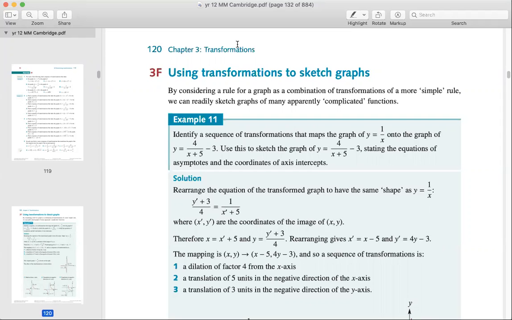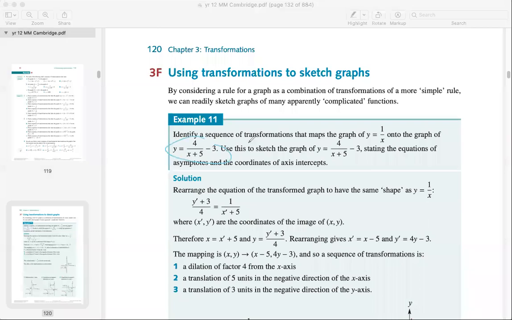Before we do any transformation, you have to be familiar with the basic one. For example, y equals 1 over x, and you want to draw y equals 4 over (x plus 5) minus 3.